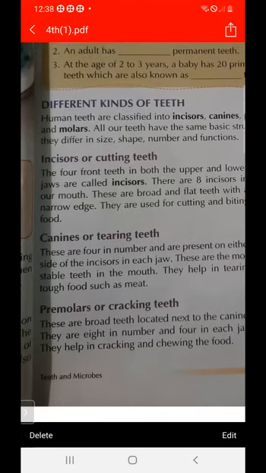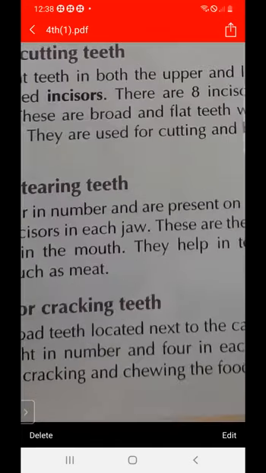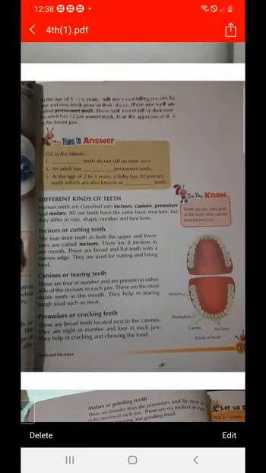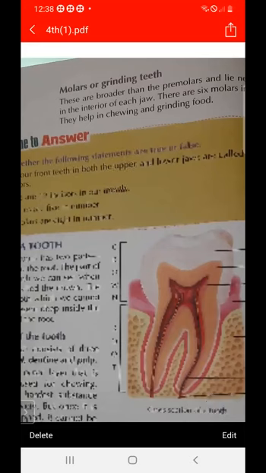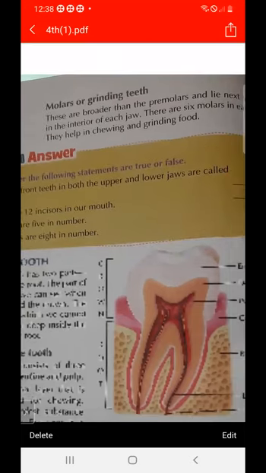Why are they called cracking teeth? Because they help in cracking the food. And next is molar or grinding teeth. What do you mean by molar?